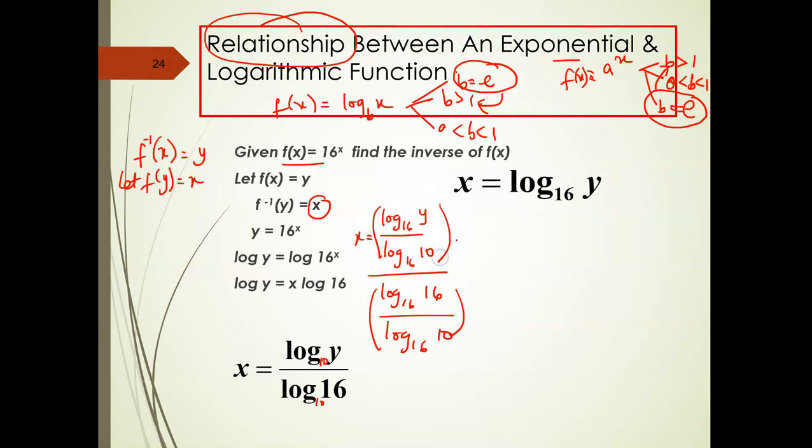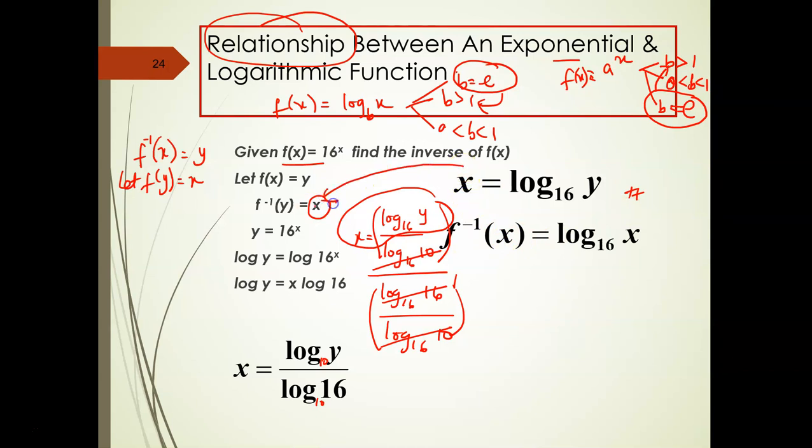Still remember how we change the base? This one is 1, so you are left with only this. That's why you end up with x equals log 16 of y. So we can say that this is our inverse, okay? Because x is the inverse, f inverse of x equals log 16 of x. So you have the inverse already here.